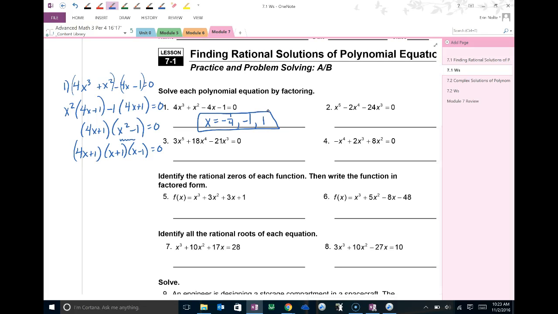Yes. Okay. So here's the thing. The idea of 7-1 is we need to be able to solve polynomial equations. So we've done quadratics. We did quadratics by factoring. We used the quadratic formula. We completed the square. We did it by graphing. And then we did graphing some polynomials. We did a couple trinomials.